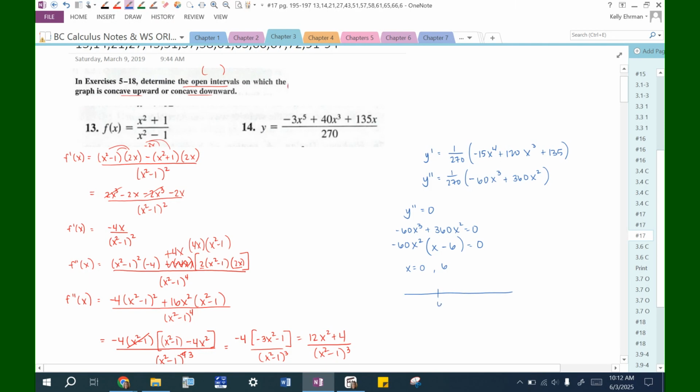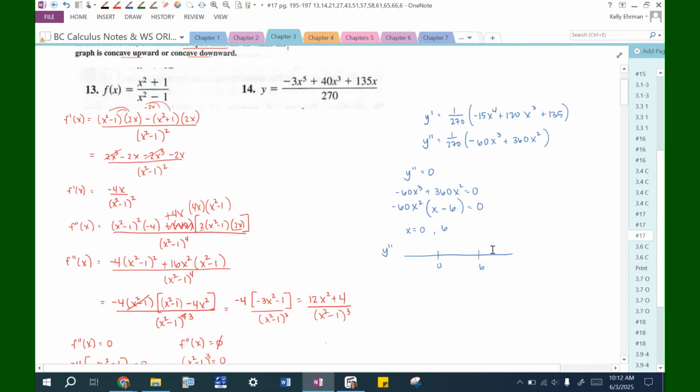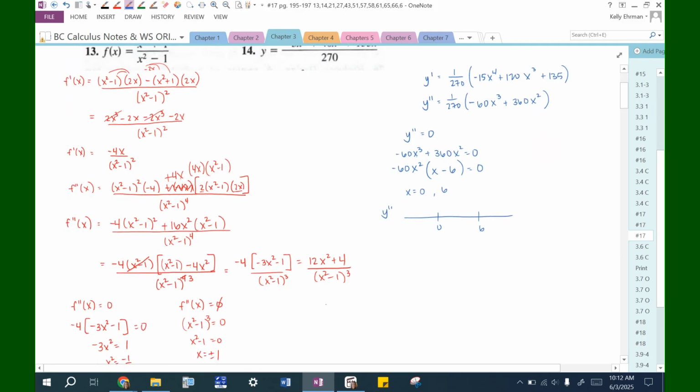We can get those on a number line, and we can test into y double prime to see where our concave up and down sections are. So this is a cubic, so you could say it's a negative x to the 3rd cubic, and the multiplicity at 0 is even, so the graph is not going to change signs at 0.